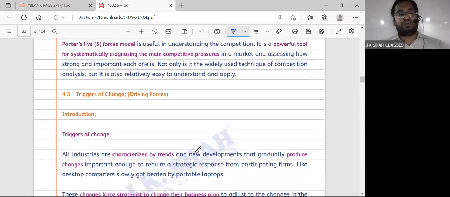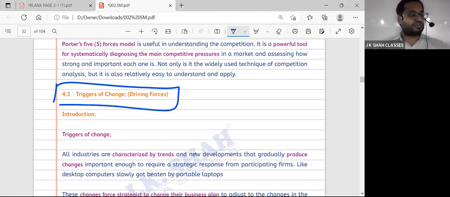Now let's talk about drivers of change or triggers of change. I already told you about this. Over the years, business has not changed, but the way of doing business has changed. Our business works in an environment, and our environment is dynamic. If customers' tastes and preferences change, environmental factors change, we have to adapt to the change.